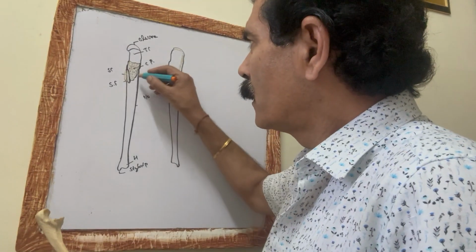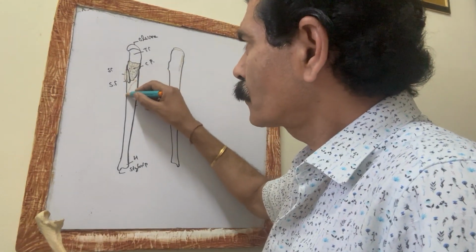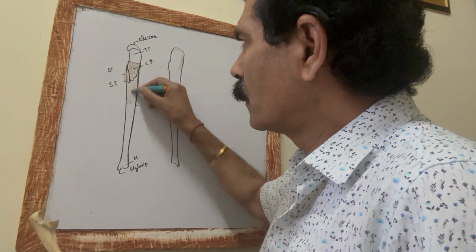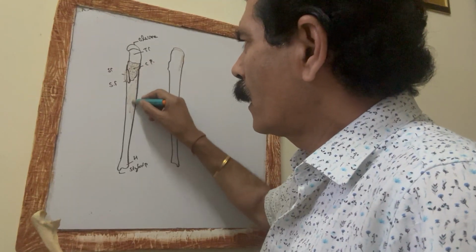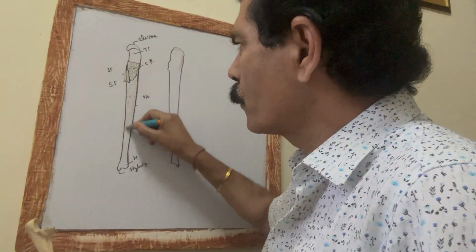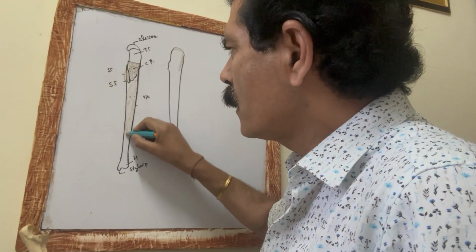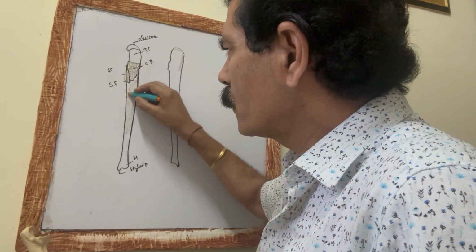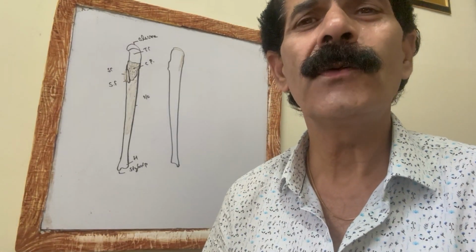Then the anterior surface of the shaft of the ulna gives origin to a muscle called the flexor digitorum profundus. The flexor digitorum profundus is also a hybrid muscle with dual nerve supply.